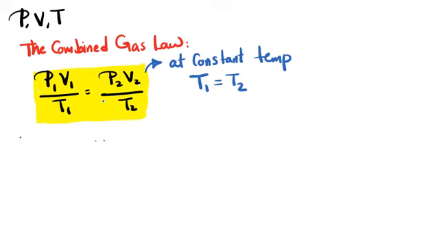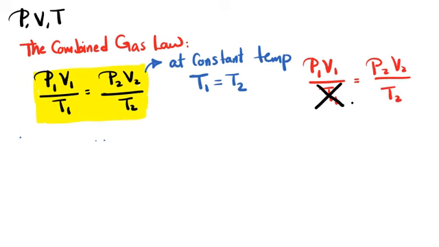I'm going to derive a new equation here. I'm going to write P1 V1 over T1 is equal to P2 V2 over T2. It says T1 is equal to T2, so you can remove temperature from the equation because both are the same. If you remove that, the only thing that remains is P1 V1 is equal to P2 V2.